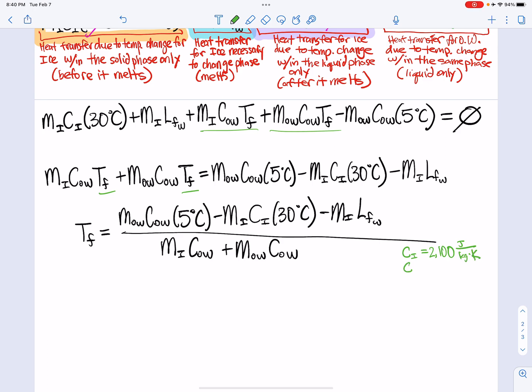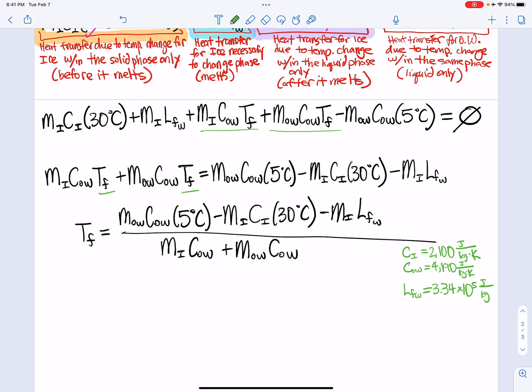The specific heat for ocean water is 4,190 joules per kilogram Kelvin. And the latent heat of fusion of water is equal to 3.34 times 10 to the 5 joules per kilogram. Okay.